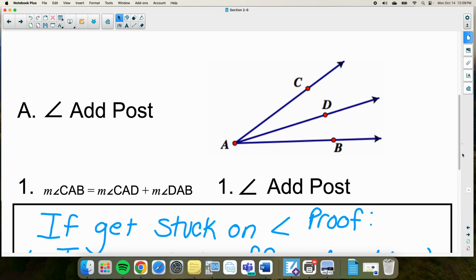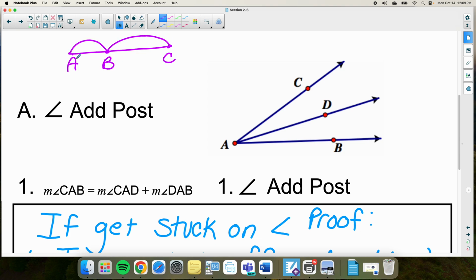So last week we talked about the fact that sometimes we had a segment that had 3 points on it, and we could break our segments up into parts. And we could say like AB plus BC equals AC. Okay, so we took that segment and broke it into parts. You can do that same thing with an angle. It's a little bit of a pain because every time you name an angle, you have to use 3 letters.